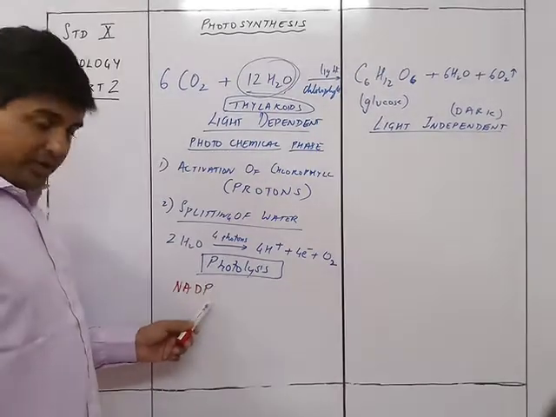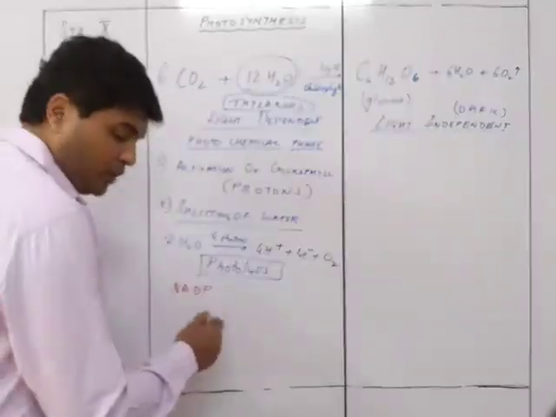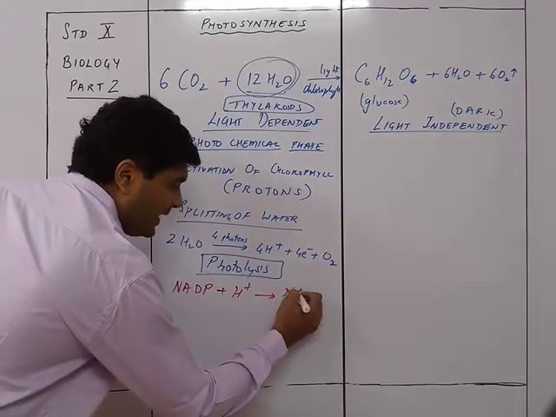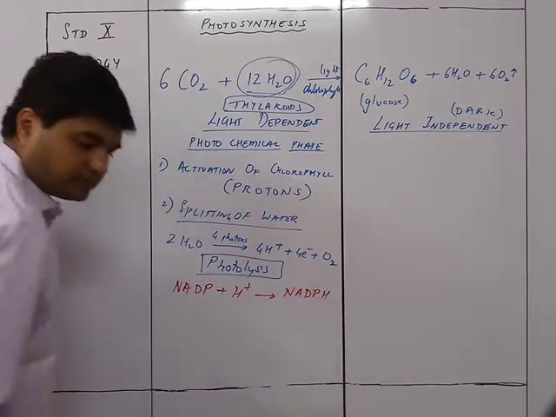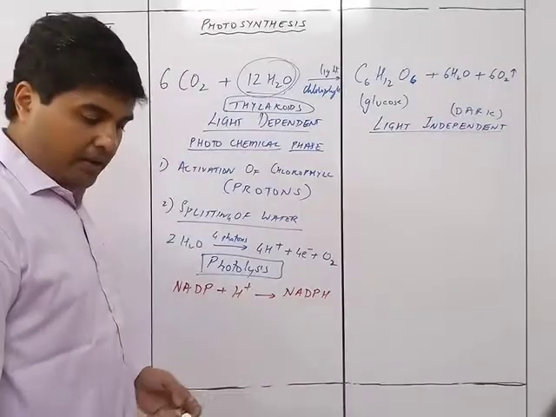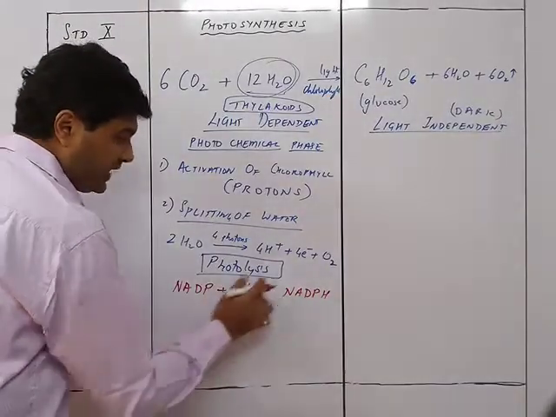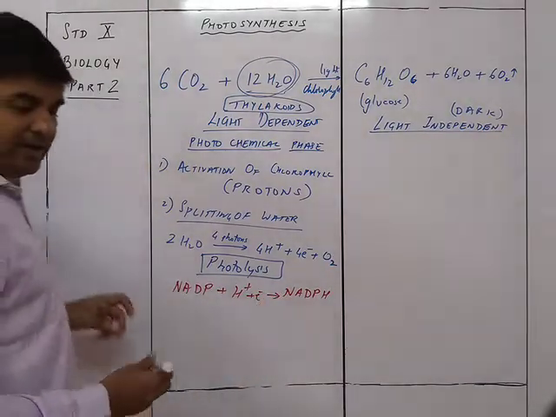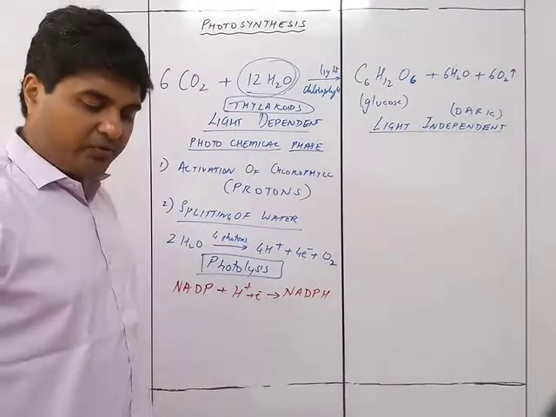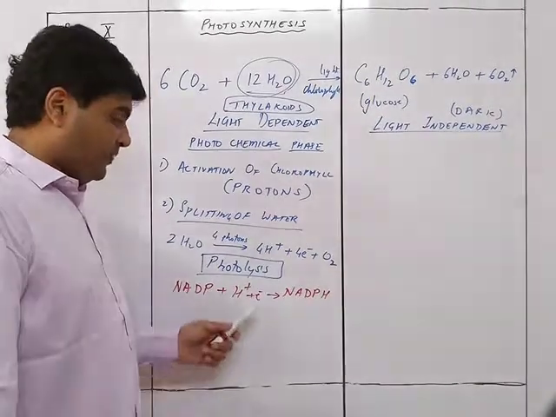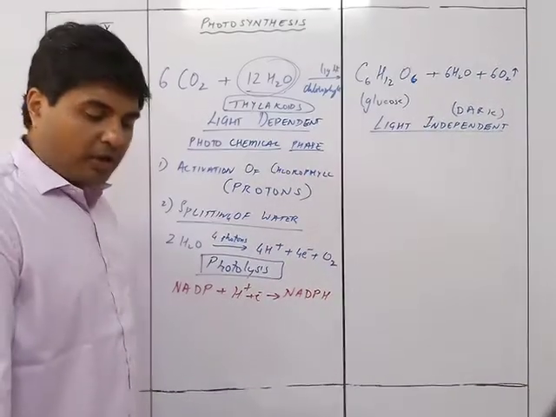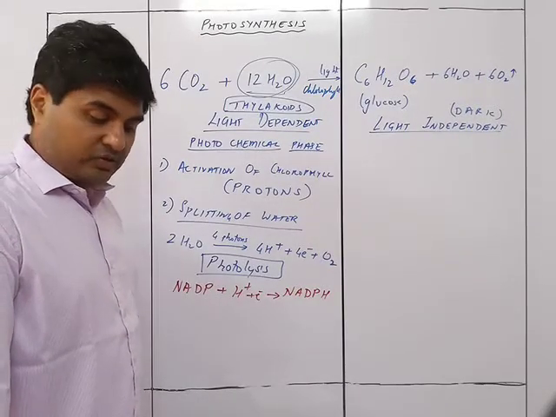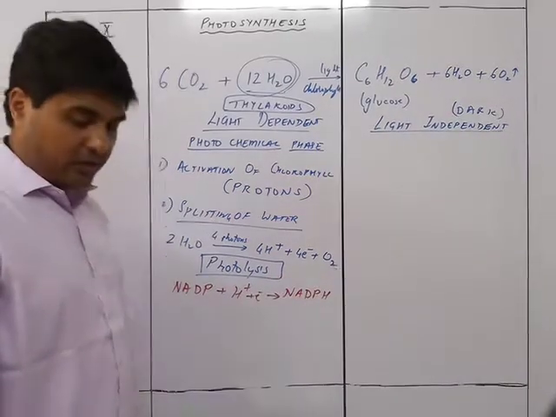This NADP is added to H plus ions and electrons to form NADPH, with the help of an enzyme, and the oxygen is given out as molecules of O2.